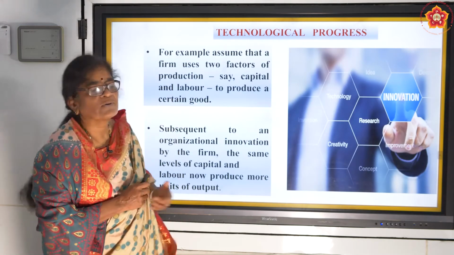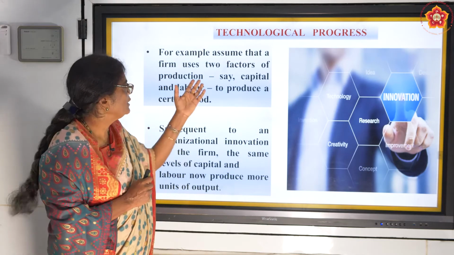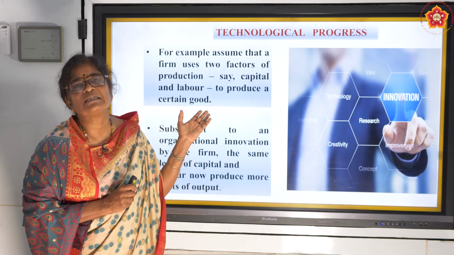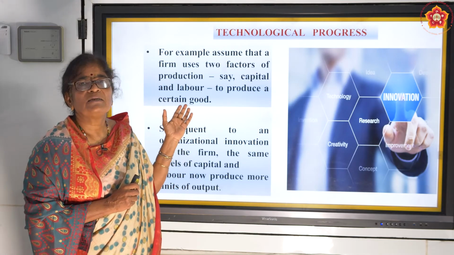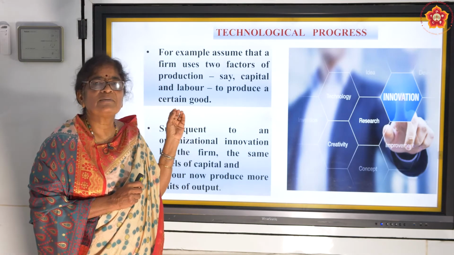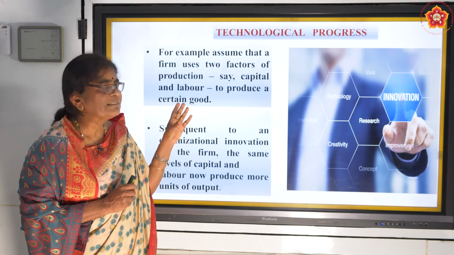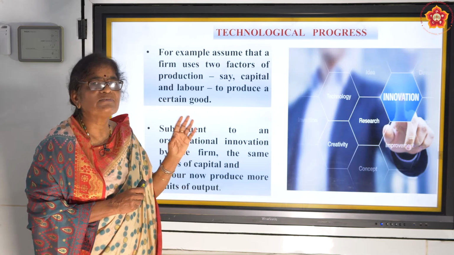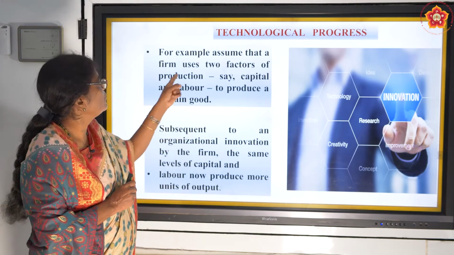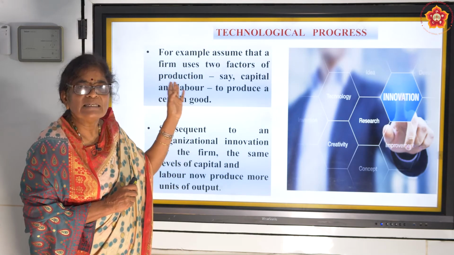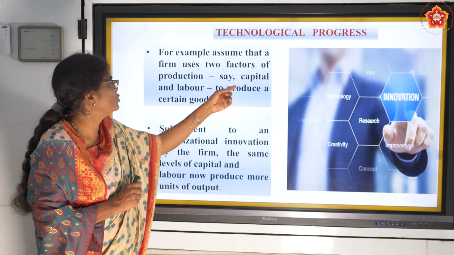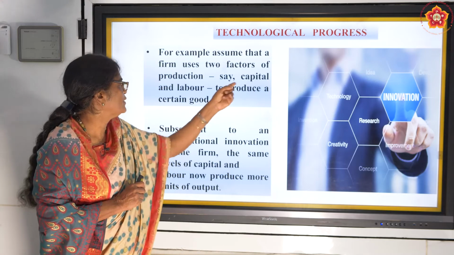What do you mean by technological progress? For example, take paddy production, with laborers transplanting seedlings manually by hand. A very long time back, the factors of production used were, let's assume, capital and labor.